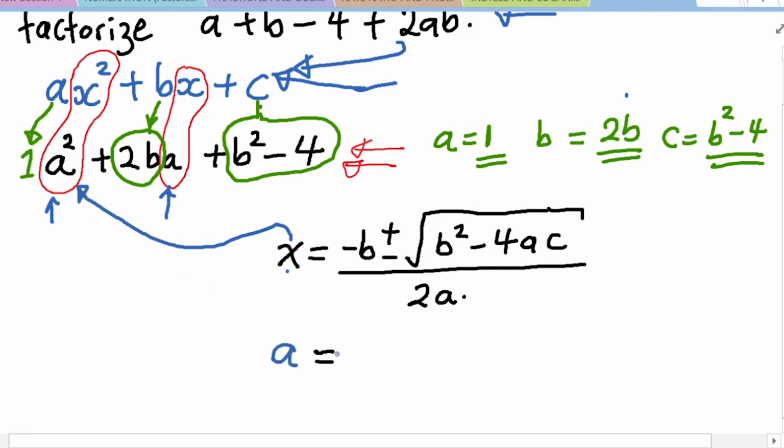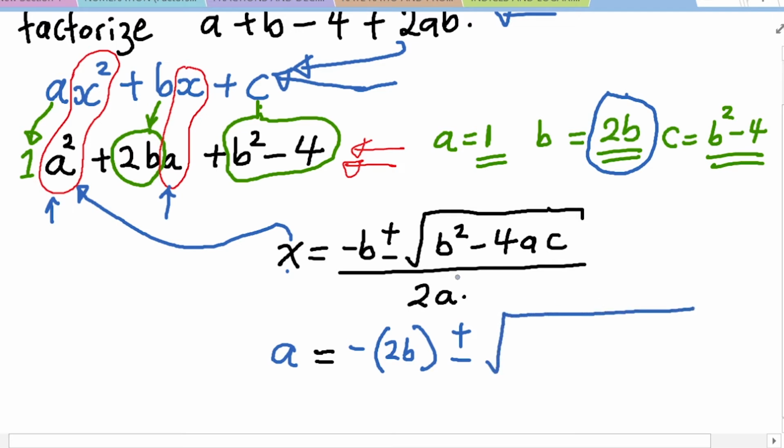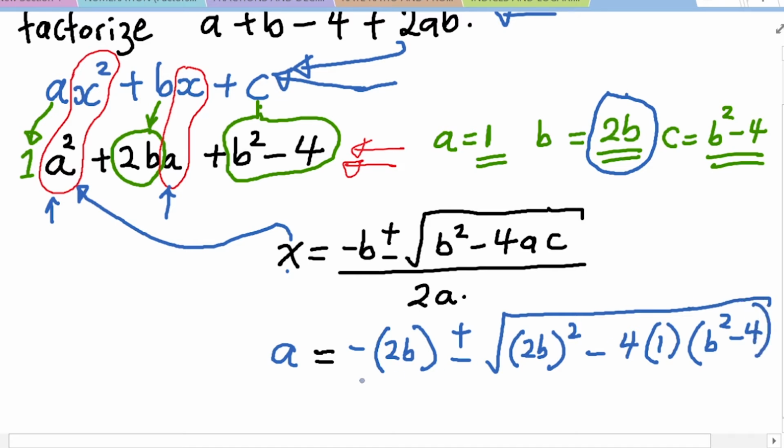So my value of a is given by minus b. Now my b is 2b. So it's going to be minus my value of b, which is 2b, plus or minus the square root of 2b squared minus 4 times my value of a, which is 1, times my value of c, which so happens to be b squared minus 4. Divide all that by 2a.